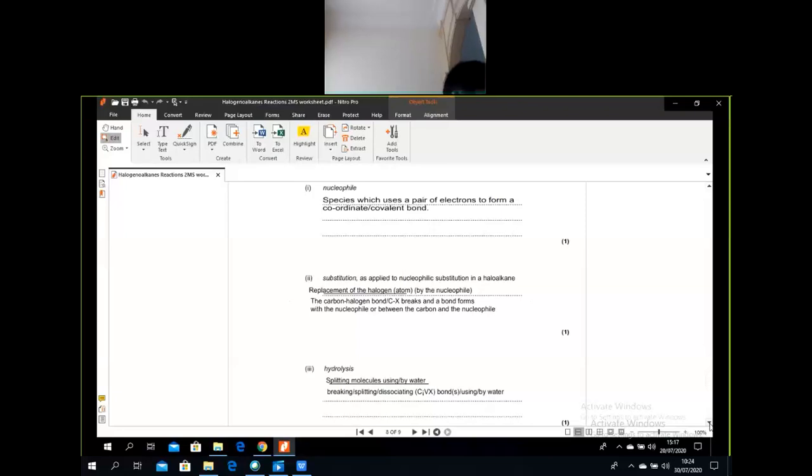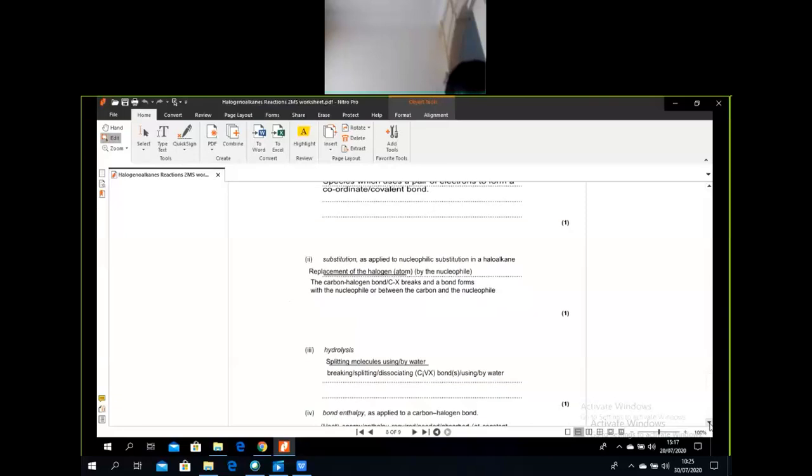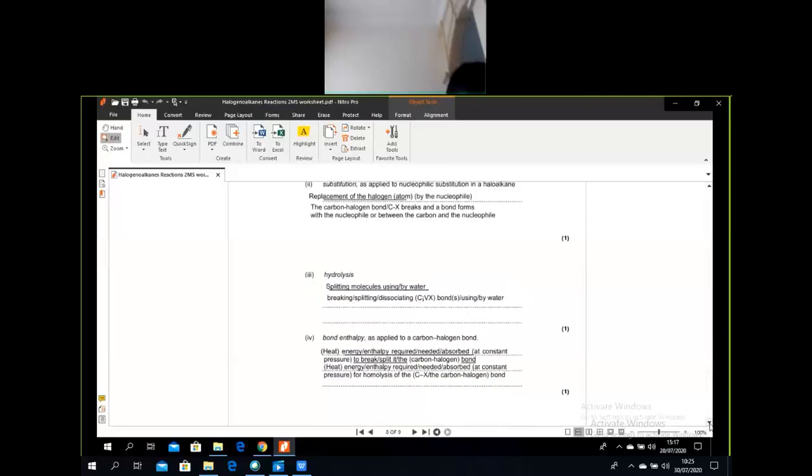The carbon-halogen bond breaks and a bond forms between carbon and the nucleophile, because the nucleophile contains a lone pair that can donate the electron to the carbocation.